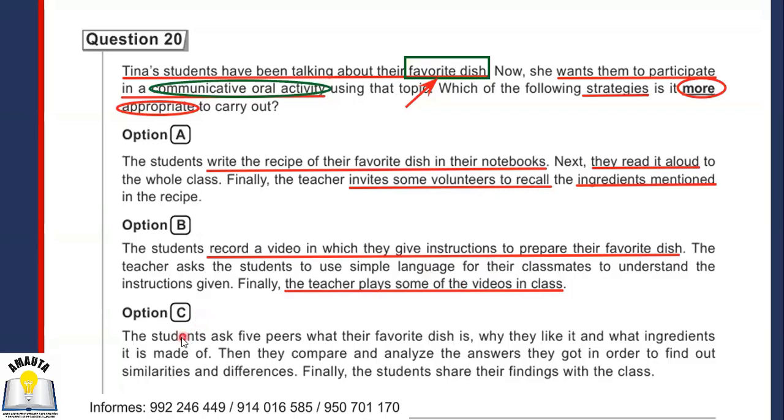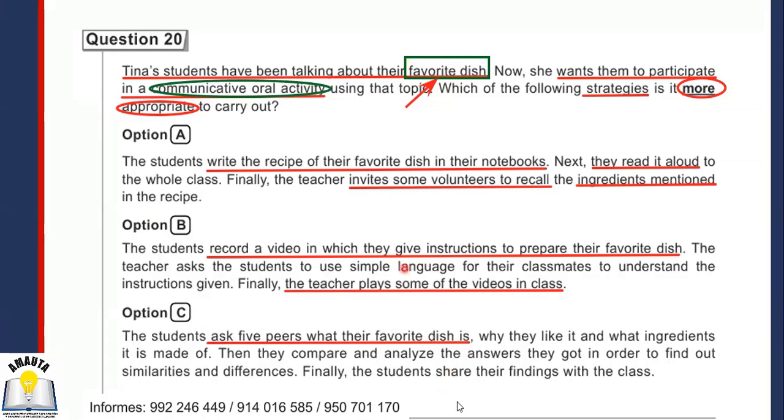It says here, the students ask 5 peers about what their favorite dish is. Good.